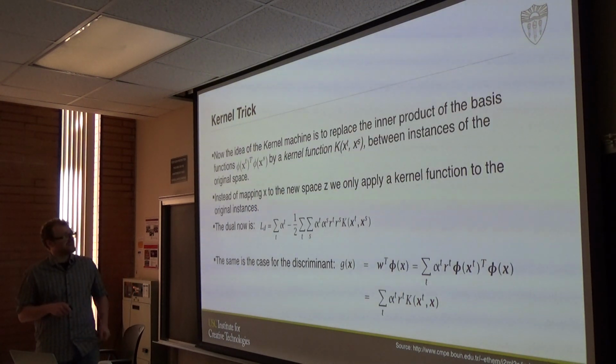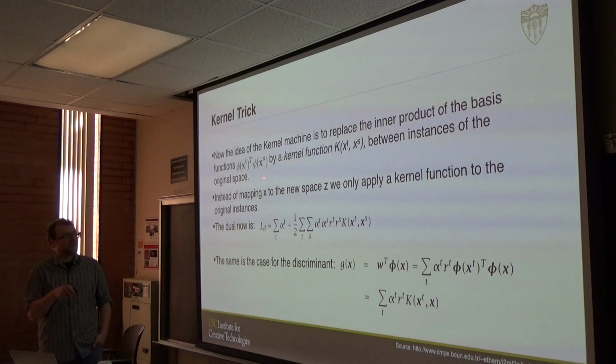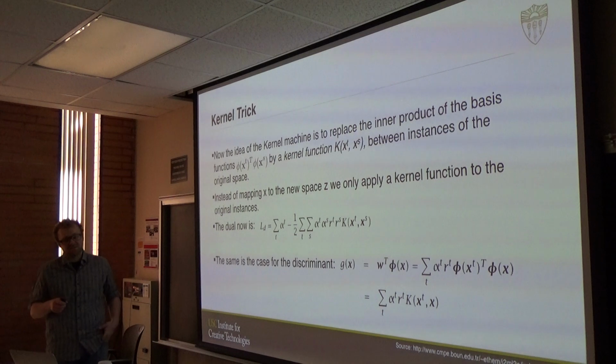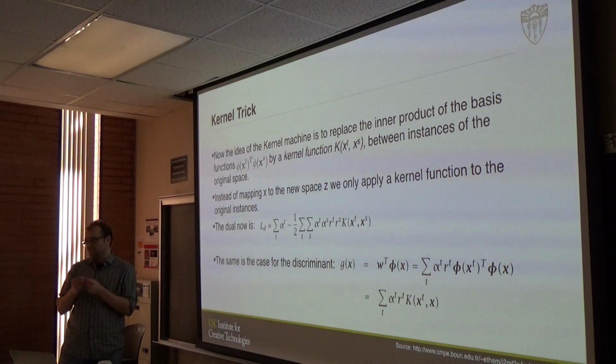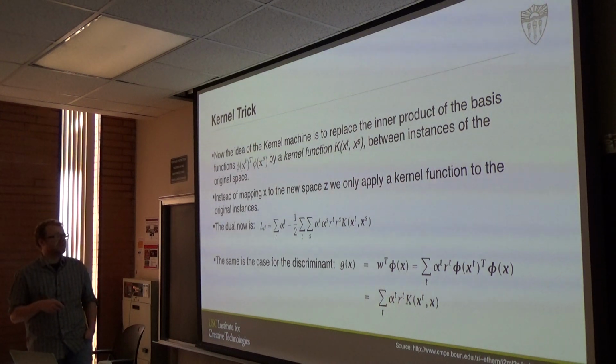We need to solve this, but instead of having to compute this dot product between these potentially really large, high-dimensional data points, we can apply a kernel, and that's the trick of using a kernel. This kernel provides us with the similarity between the two vectors without having to compute this potentially really large dot product.